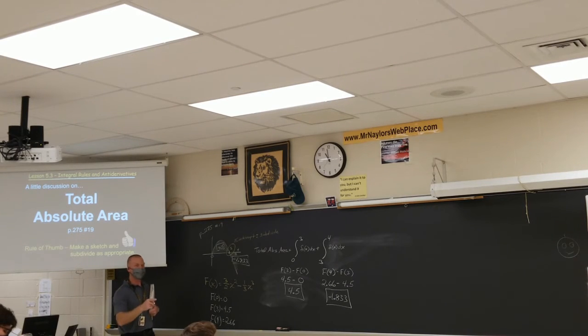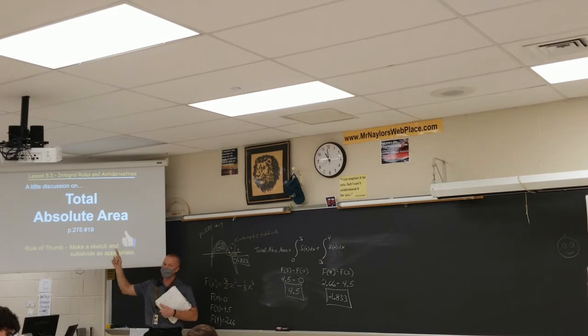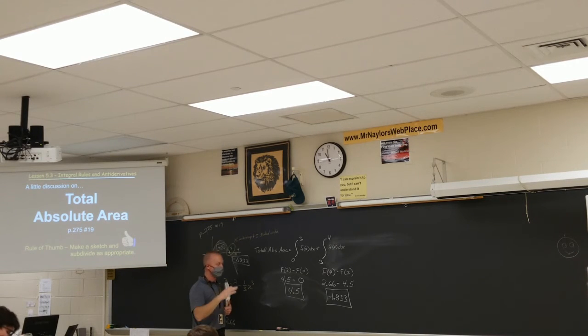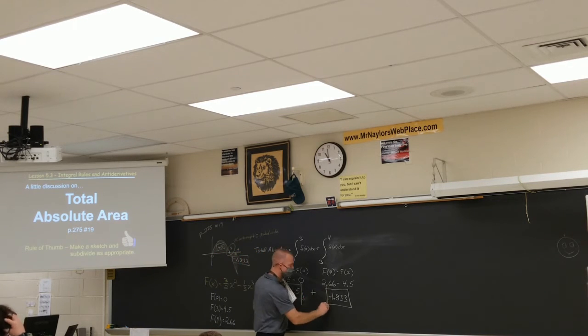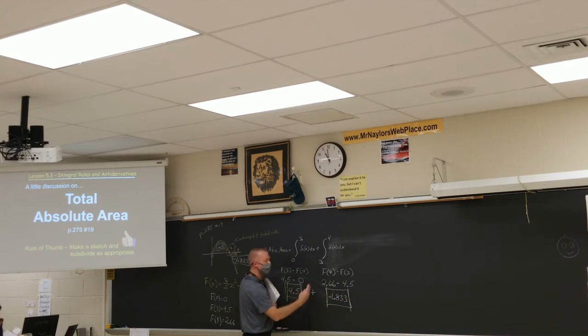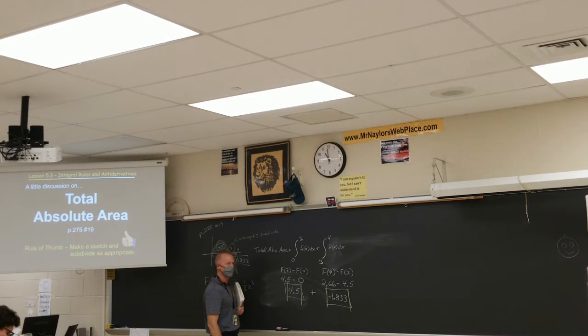Now, because the problem said from the beginning to find the absolute area, I added the word absolute. That's what the book meant. That means that we are going to add our two areas in an absolute way. So, yes, this one's already positive, but we will want to make these absolute.